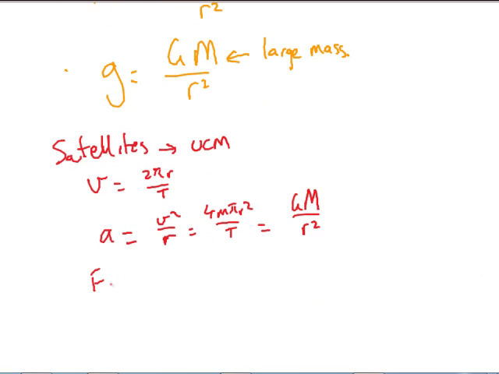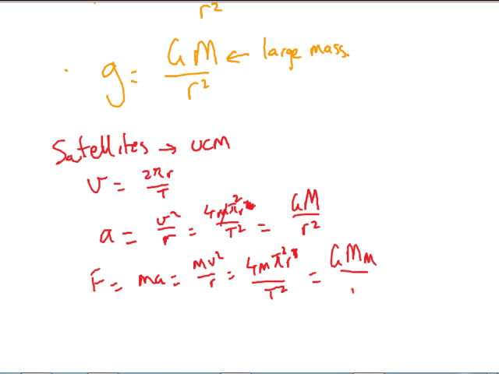And of course F equals ma, mv squared on r, oops, that shouldn't have an m in there, for m 4 pi squared r over T squared, which is GMm on r squared.